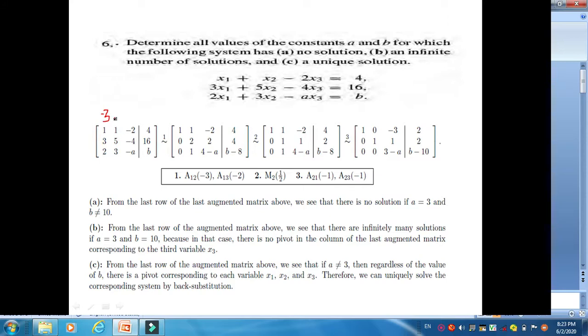minus 3, 1 minus 3 is a minus 3, minus 3 into minus 2 is plus 6, minus 3 into 4 is minus 12.